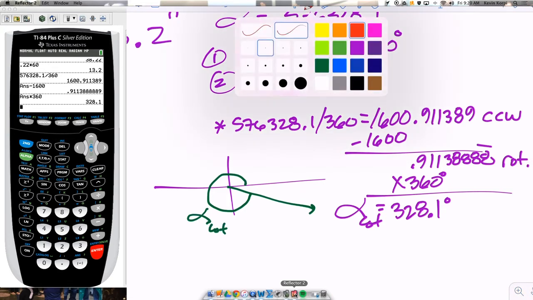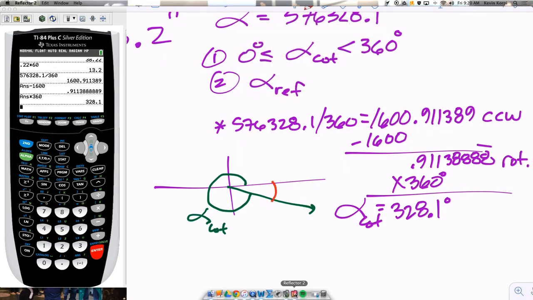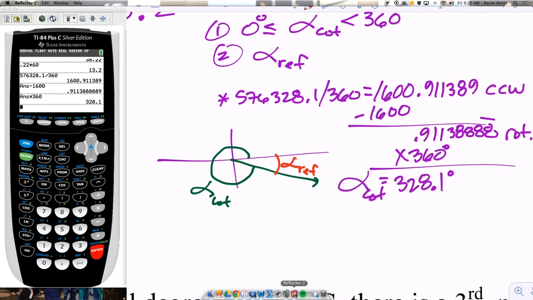So now we need to find the reference angle. Remember, this is your reference angle. It's the positive acute angle between the terminal ray and the closest x-axis. Looking at now where it terminates, it's pretty easy to determine how to find the reference angle, yes? Your reference angle is going to be what? Very good. 360 would be a full rotation.